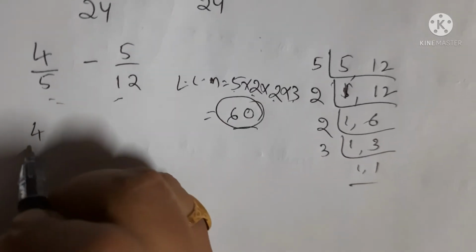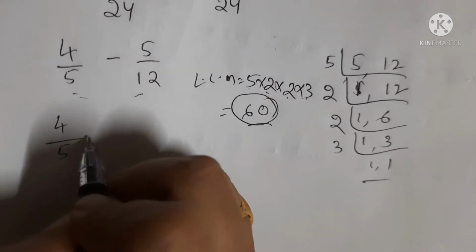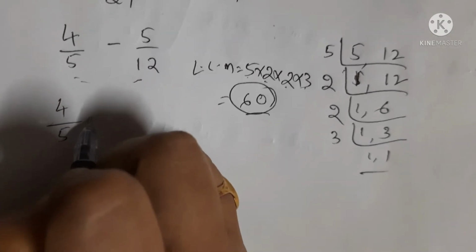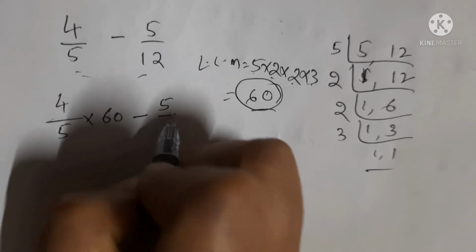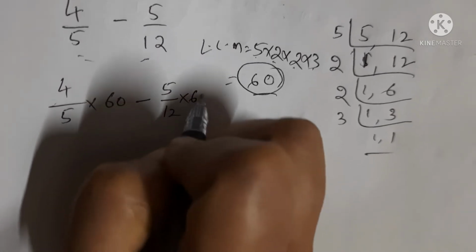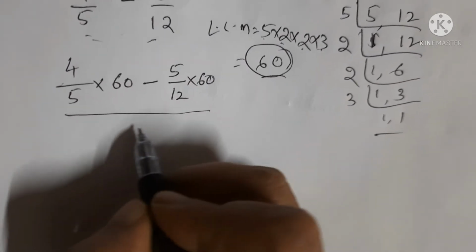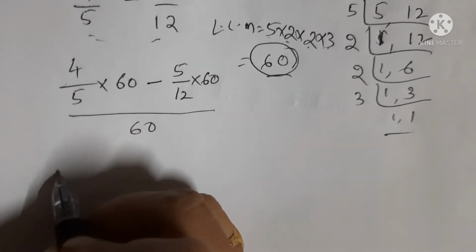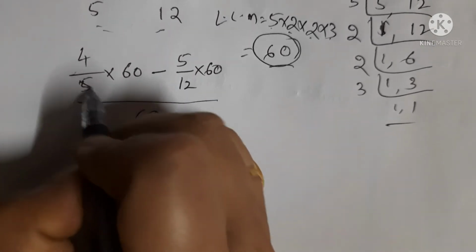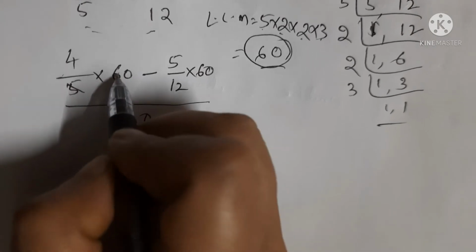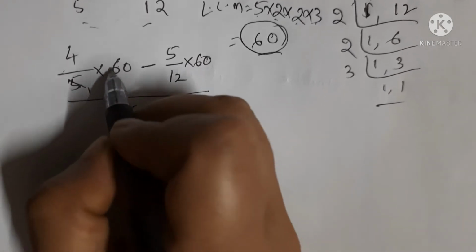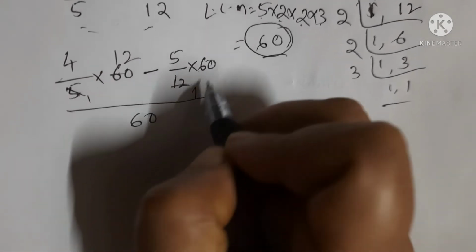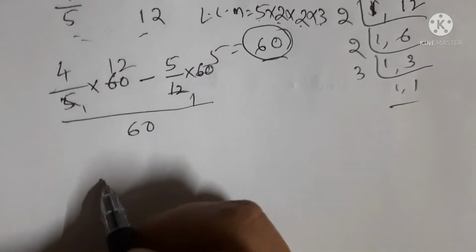Now we'll move to simplify this. 4 upon 5 into 60 minus 5 upon 12 into 60, whole by 60. Now in the 5 table we have this 60, we can cancel this with 5. 5 1s are 5, 5 12s are 60, 12 1s are 12, 12 5s are 60.